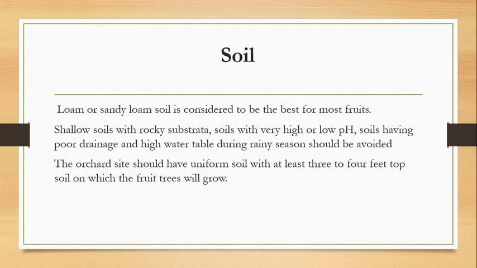The orchard site should have a uniform soil with at least 3 to 4 feet of topsoil on which the fruit trees will grow, because the 3 to 4 feet of topsoil is very fertile, from which the plants get nutrients for their growth and development.